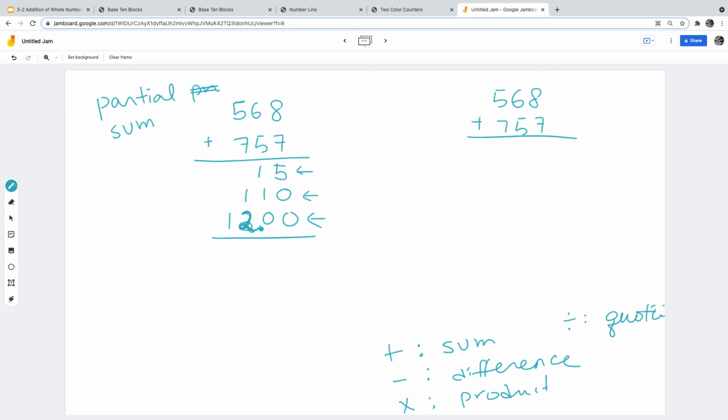So these are partial sums. And then you can add all of them together. 5 ones, 2 tens, 3 hundreds, and 1 thousand. So we read this as 1,325. If we use standard algorithm, we can do 8 plus 7 as 15, and we don't write 1 here, 10 here, but it's up here.